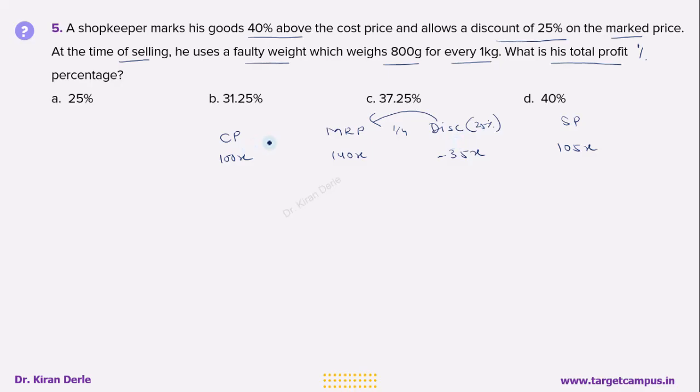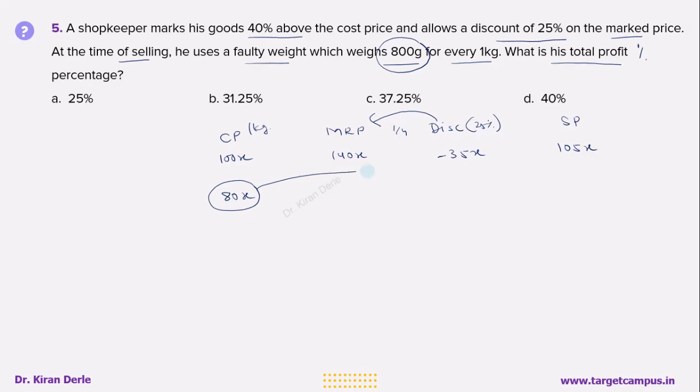So the answer would have been 5% if he were not using the faulty weight, but it is given that he is using a faulty weight. Let's say for 1 kilogram the cost price is 100x. What will be the cost price of 800 grams? 1000 grams is 100x, so 800 grams will be 80x. So his actual cost price is 80x.